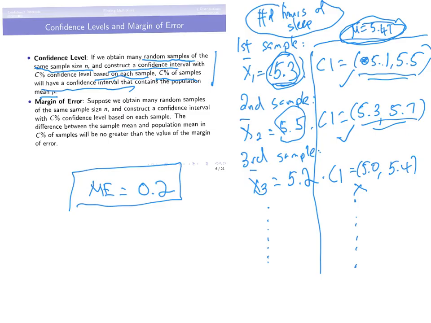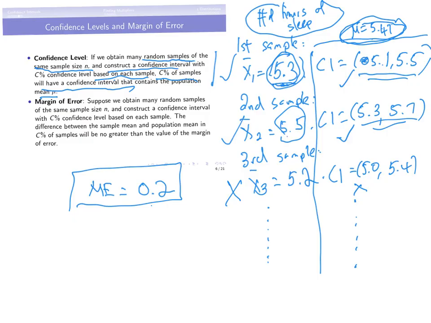So in this first sample, the difference between 5.3 and 5.47 is indeed less than the margin of error. So this estimate of 5.3 is within 0.2 of the truth. Same thing for the second sample: 5.5 is within 0.2 of 5.47. The third sample, 5.2, is not within 0.2 of 5.47.